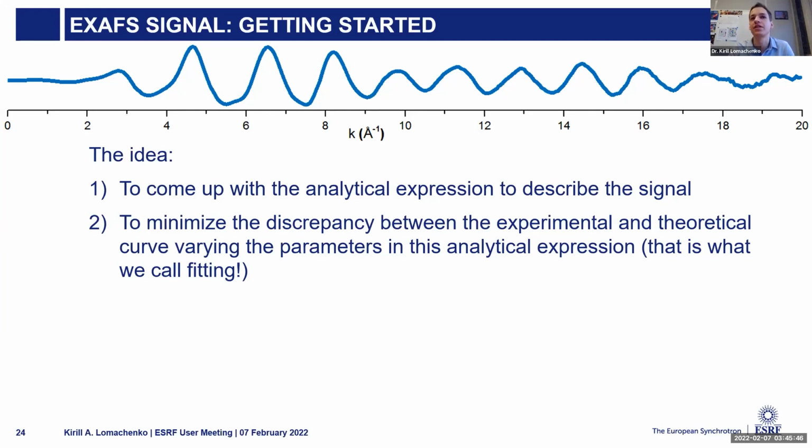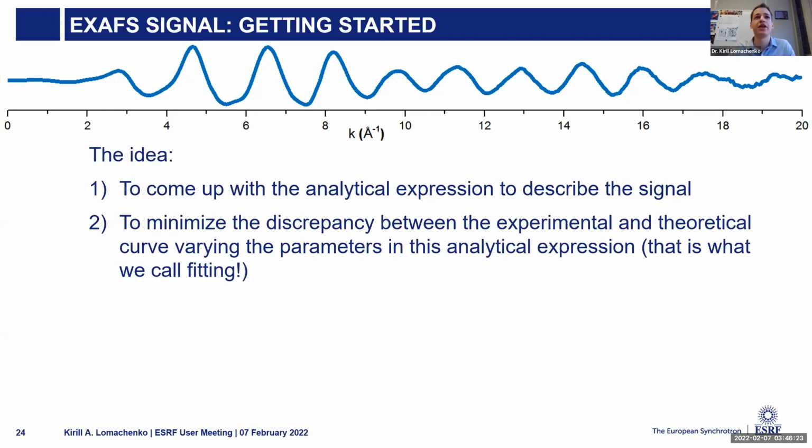And then we can minimize the discrepancy between the experimental spectrum and our theoretical one by varying the parameters in this analytical expression. And that's what we call fitting. Because if the agreement is good in the end, then it means that the parameters of our analytical expression are correct. And among these parameters, hopefully we will have coordination numbers, interatomic distances, and so on.